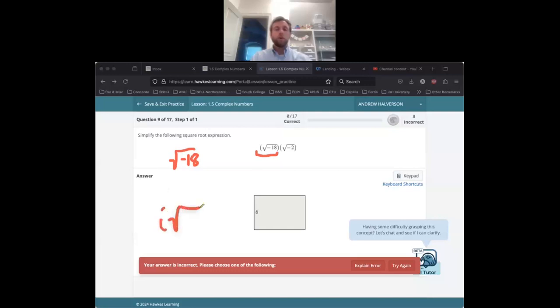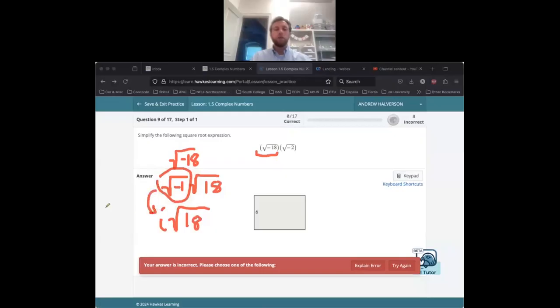Well, keep in mind, negative 18 is really negative 1 times 18. Okay? So the I is really the square root of negative 1. So in other words, you can pull a negative outside of the square root by turning it into an I.